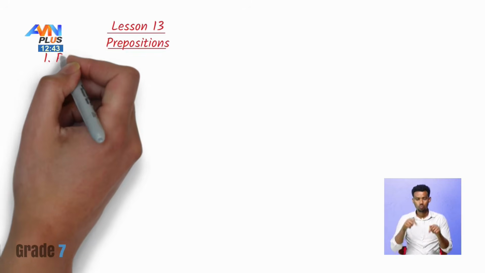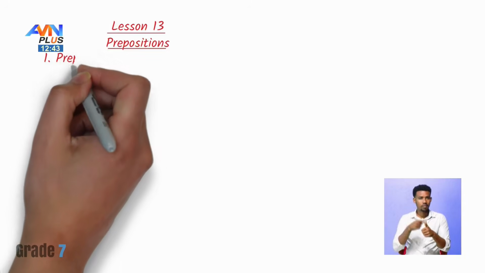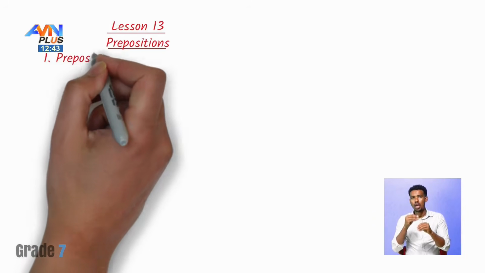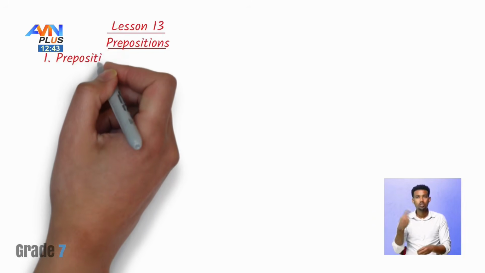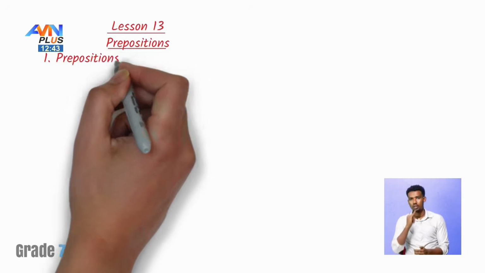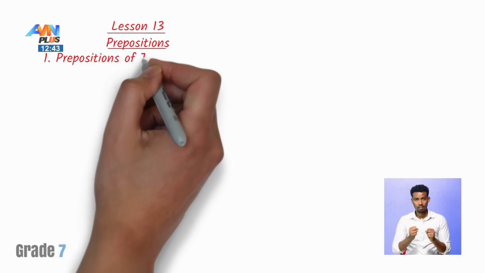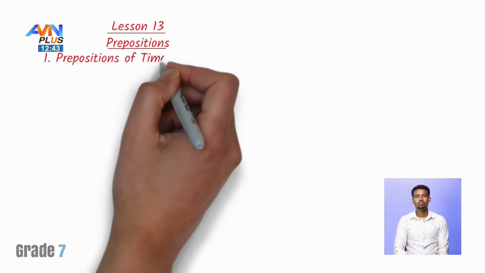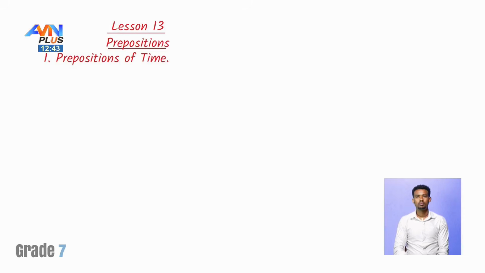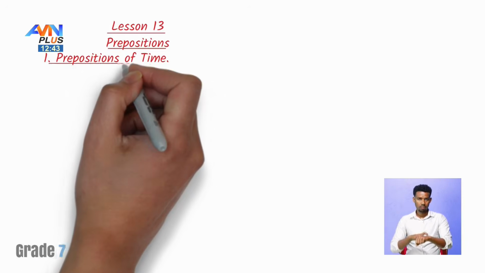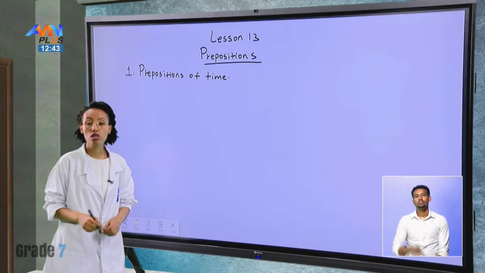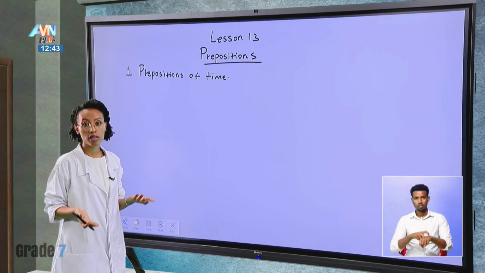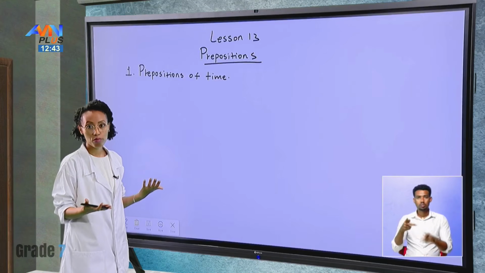The first common way of using a preposition is prepositions of time. Prepositions of time, or we could say prepositions of place. First, let's do time.